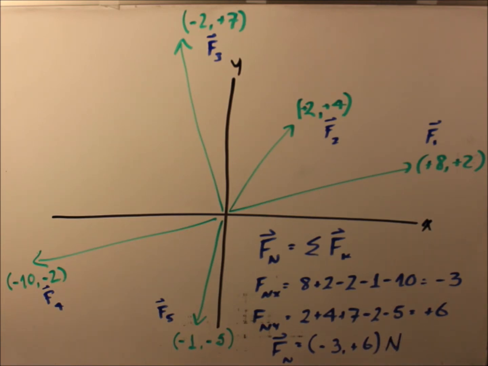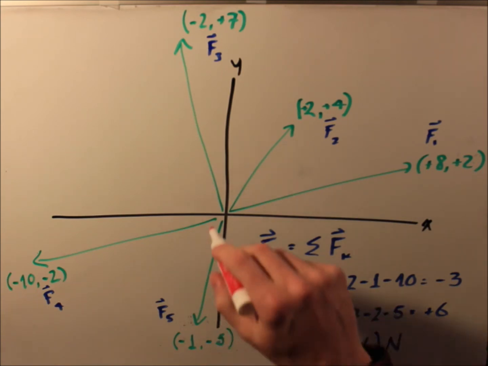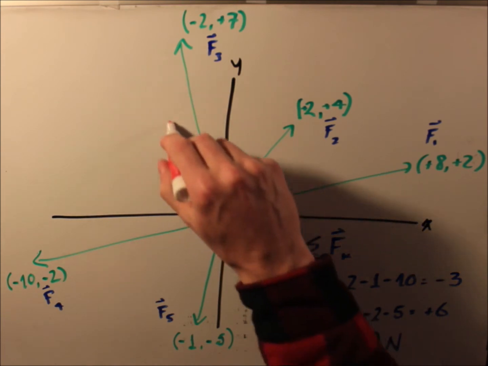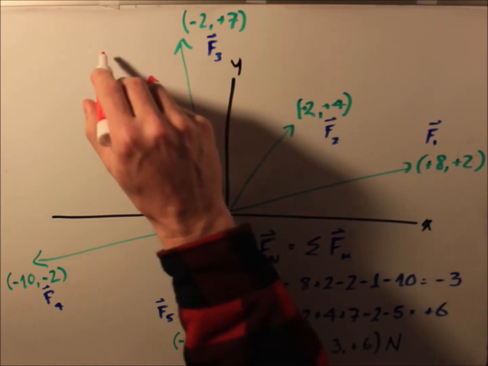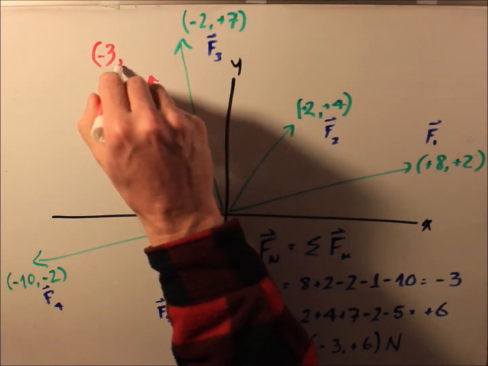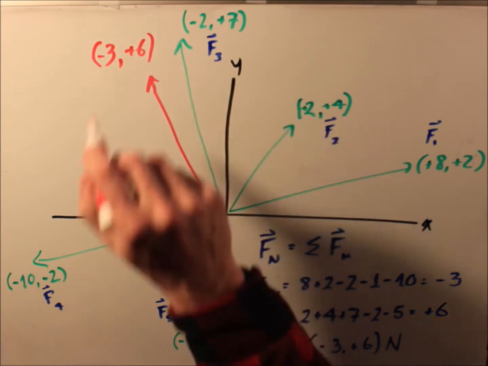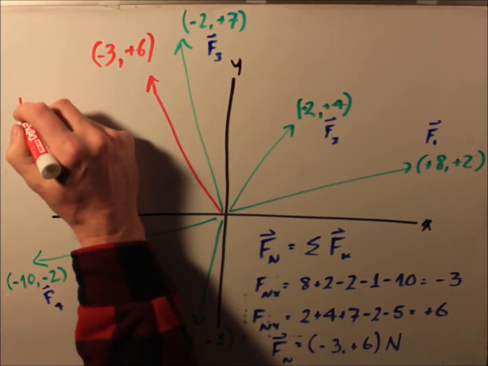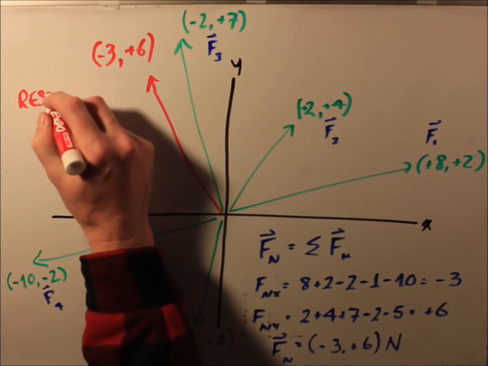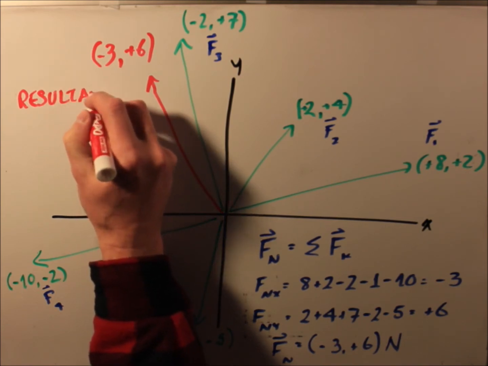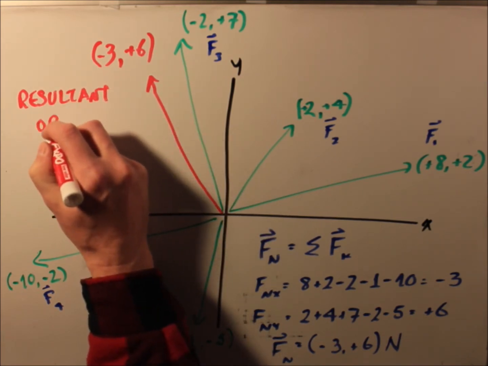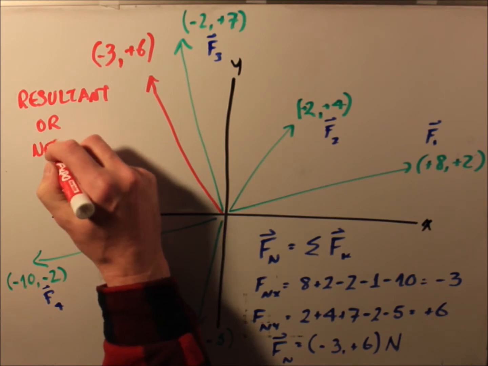So let's draw it in now for fun. We're at -3, +6, so we're sitting somewhere in this region here, roughly speaking. And that is what we call our resultant, or net force.